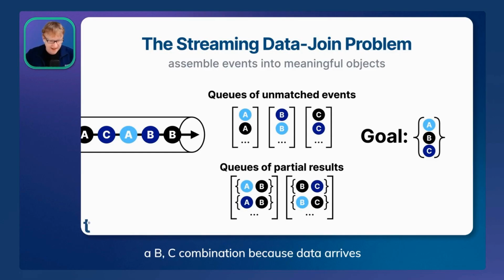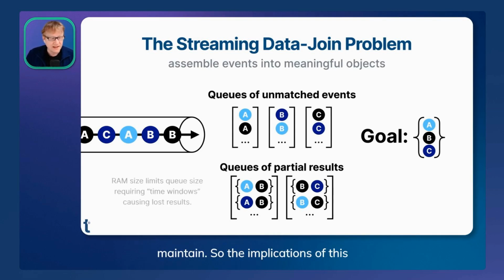Or maybe it's a B-C combination because data arrives out of order. So we hold on to the B-C combinations. And we start building queues and queues and queues of unmatched events that build toward partial results. And this ends up being a pretty thorny problem, especially as your pattern gets larger and larger and larger. You have this combinatorial explosion of how many of these queues you have to maintain.